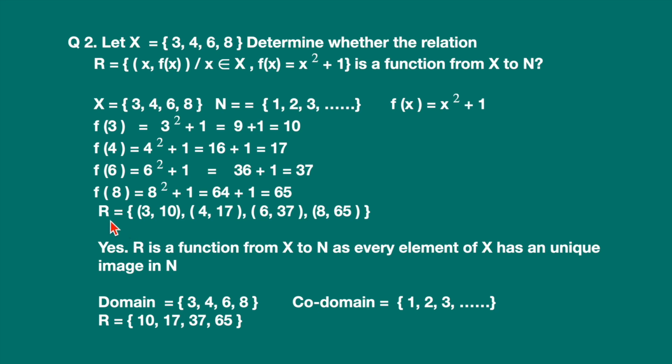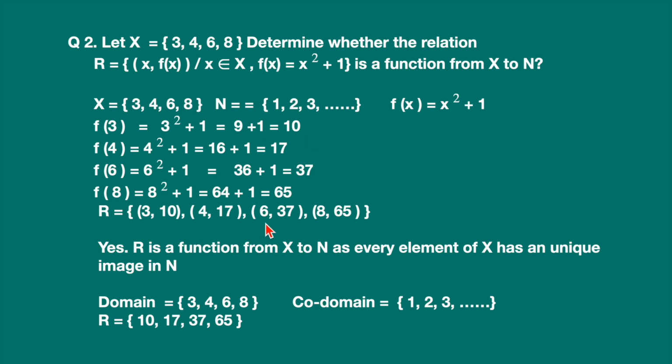How will you write this function? It is (3, 10), (4, 17), (6, 37), (8, 65). So these are the ordered pairs. Now they're asking whether this relation is a function or not. Yes, it is a function, because you can see that every element of X has got a unique element.